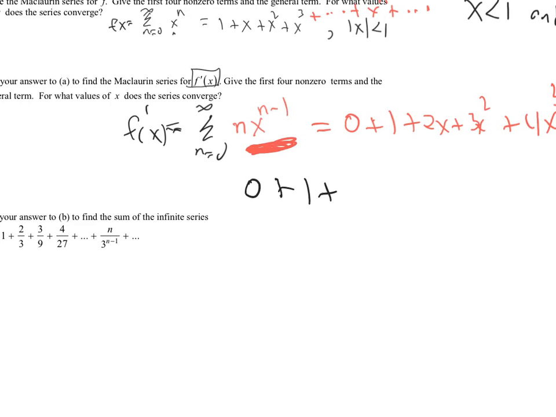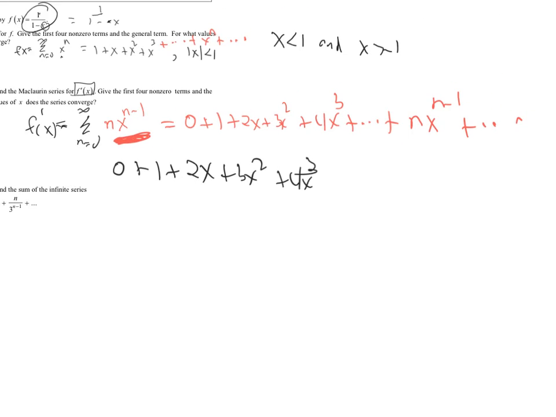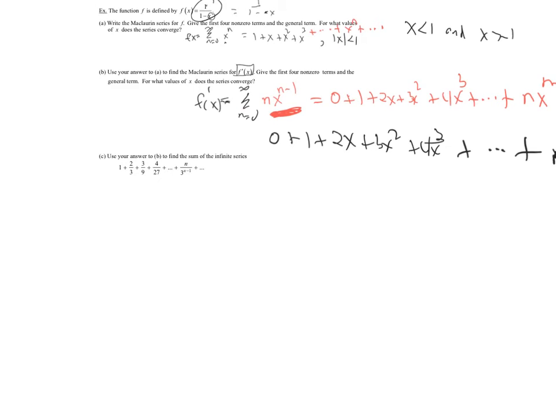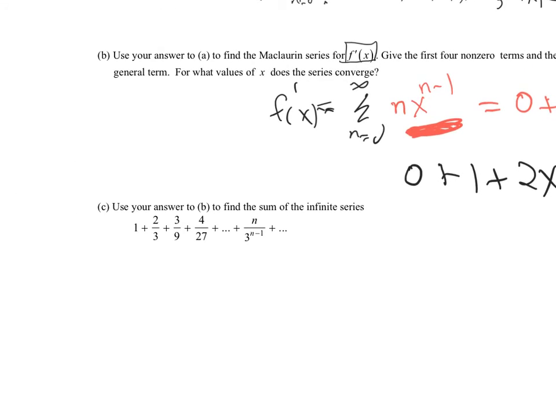If n is 2, I get 2 minus 1, that's x to the 1 with a 2 here, 2x. If n is 3, 3 minus 1 is x squared, 3x squared. n is 4, 4x cubed. It works. I can do it from either the terms or I can do it from the individual function.